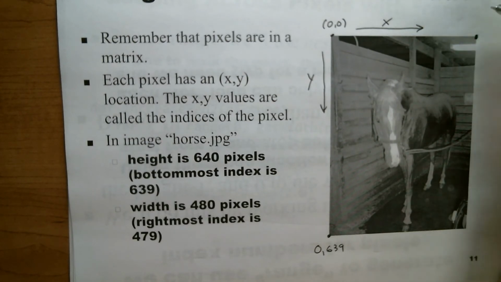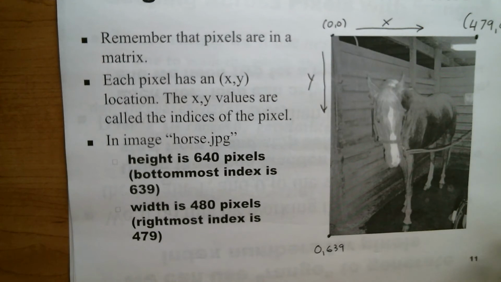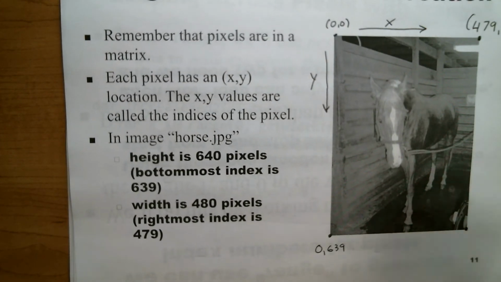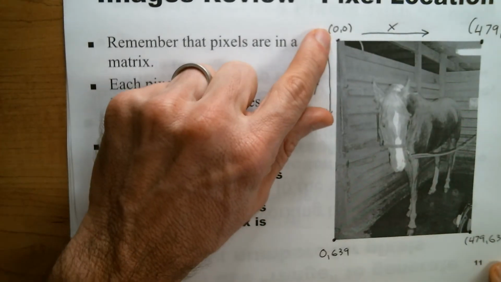Yes, it's 480 pixels wide, but that means you'd actually max out at 479 pixels. And then same thing down here. All right, even though it's 480 by 640 or 640 by 480, we're only getting to 479, 639. And again, the reason for that is we're starting with 0.